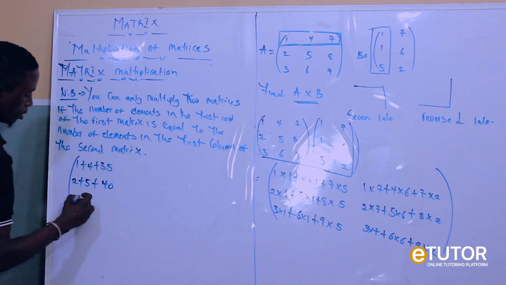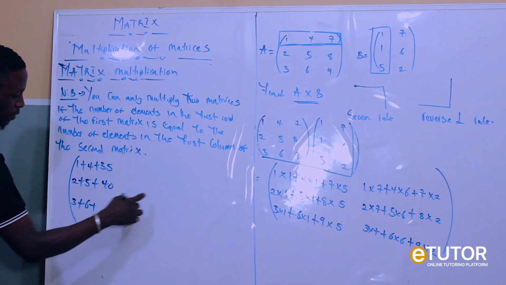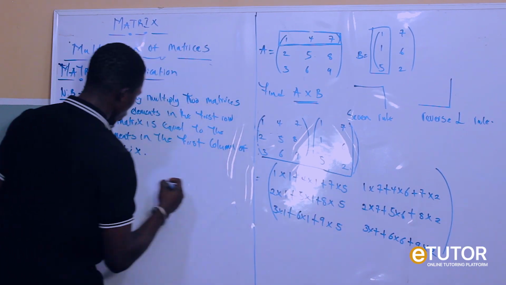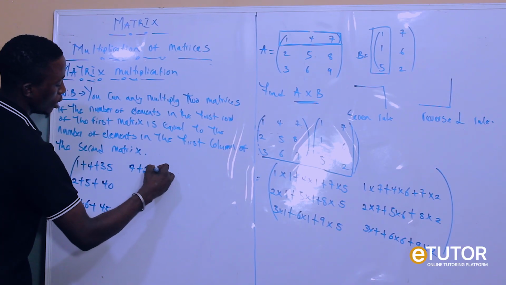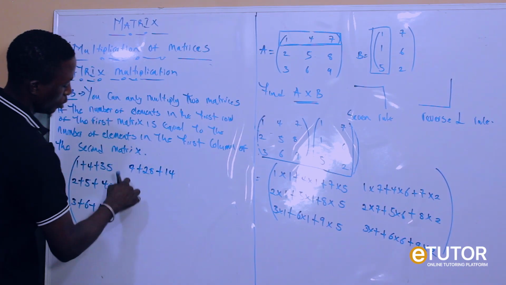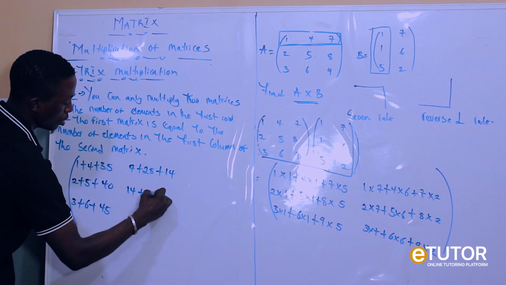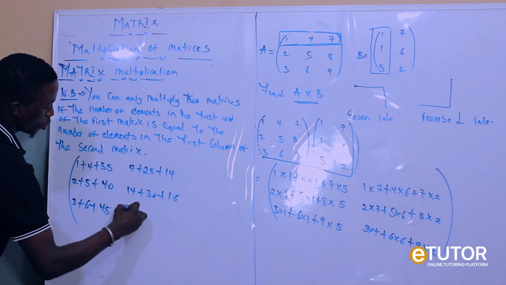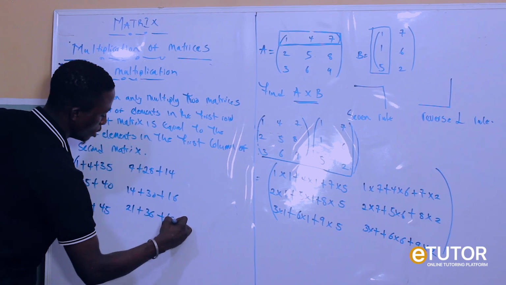Now this gives 3 plus 6 times 1 gives 6 plus 5 times 9 gives 45. Now 1 times 7 also gives 7 plus 4 times 6 gives 28 plus 7 times 2 gives 14. So the other one also gives 14 plus 30 plus 16. This gives 21 plus 36 plus 18.